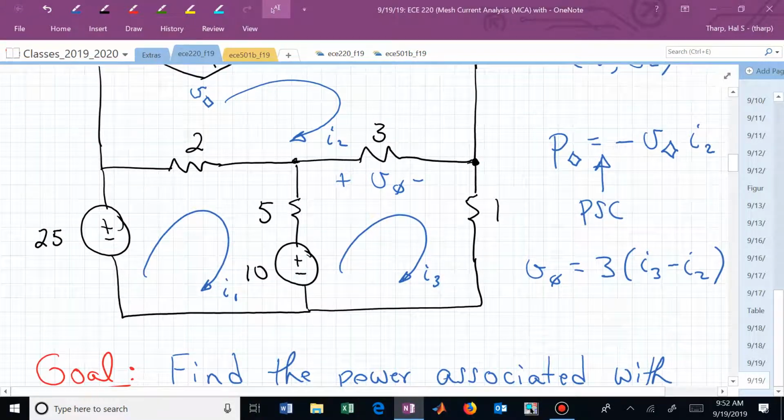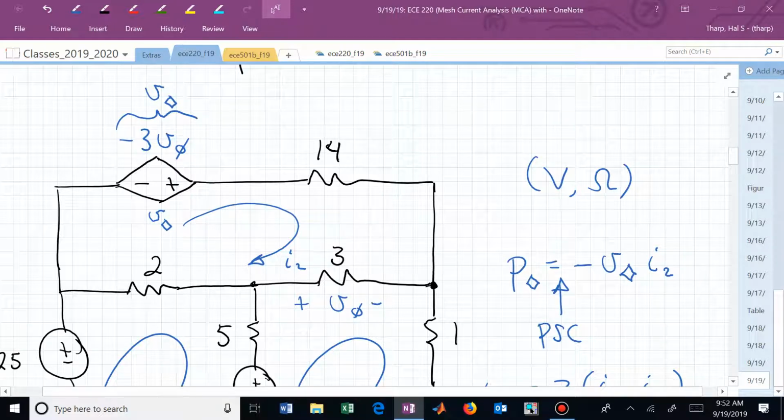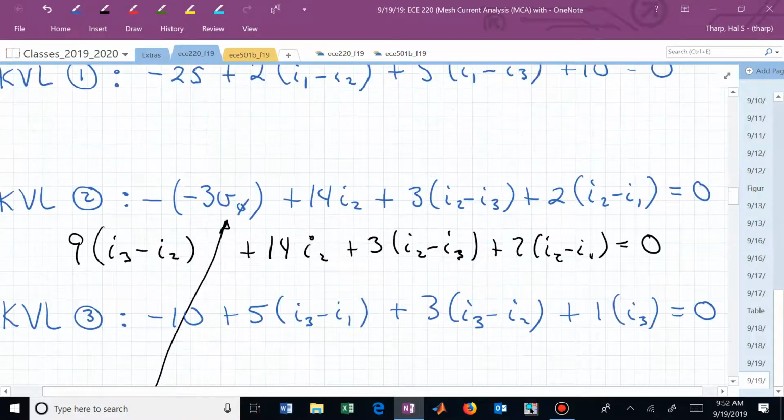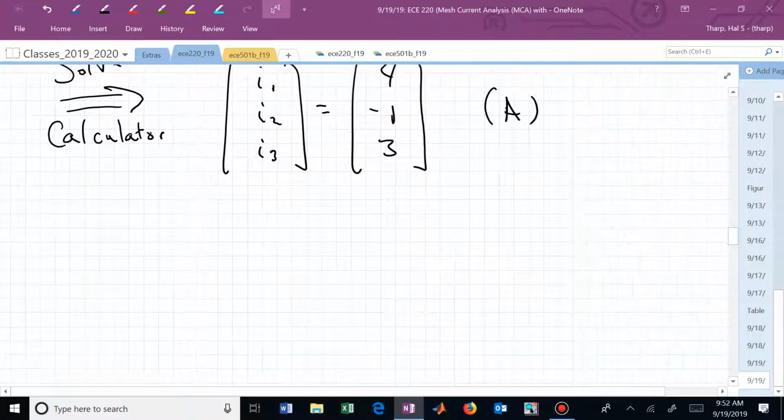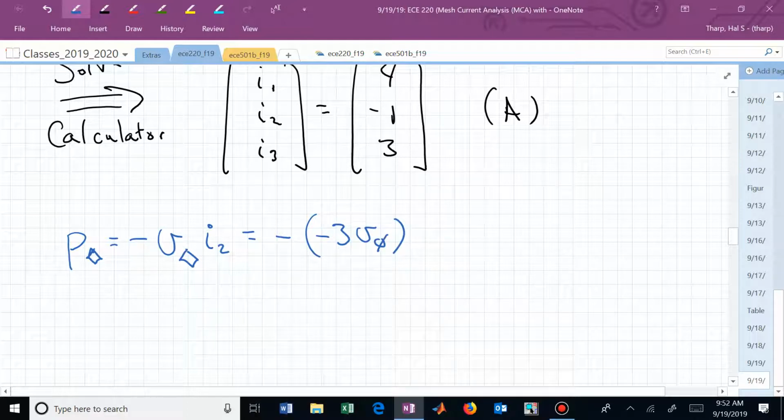We now want to find the power of that dependent source, and here's our formula. P diamond is minus V sub diamond I sub 2. So the power of that dependent source is now minus, and let me just go ahead and write it down the way the notation that I had used, but that V diamond was actually minus 3 V sub phi.